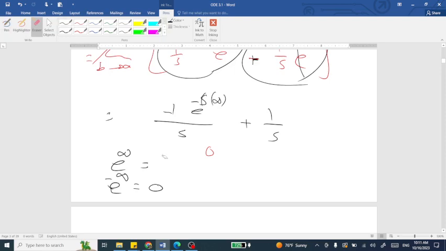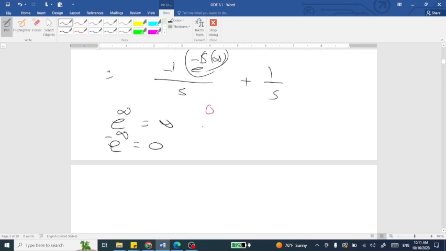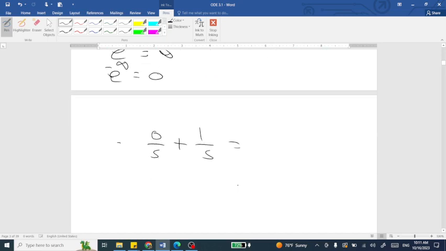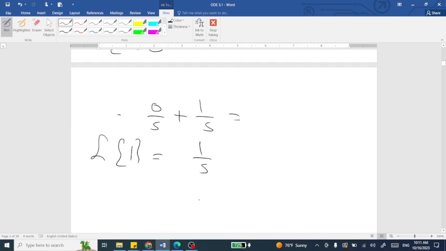So by this, e to the power minus s times infinity will be 0, because we have 0 over s. So you can write the Laplace of the number 1, or any number, is equal to 1 over s.